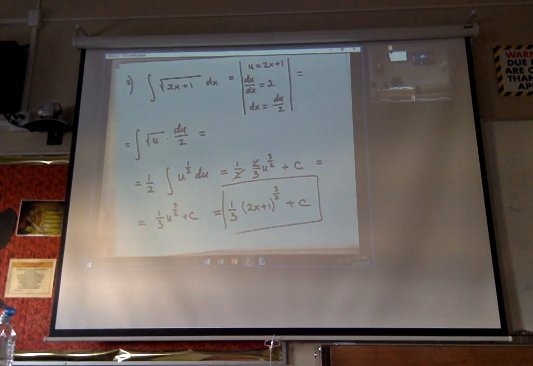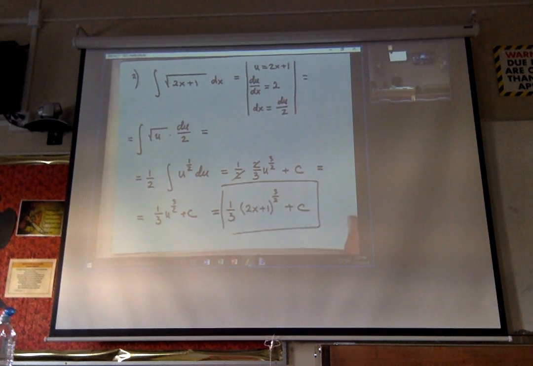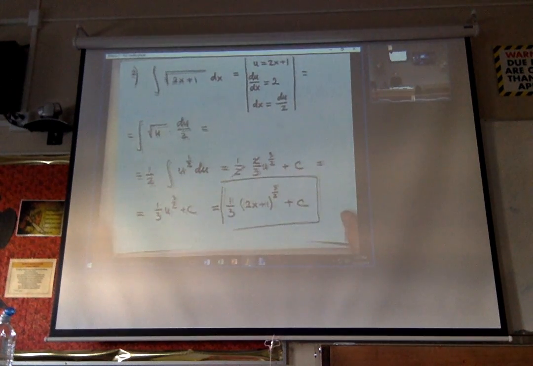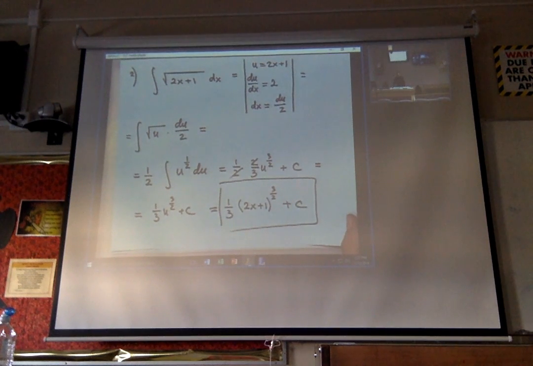Okay, let's do one more. And actually, the one more will be exactly the same problem, except I'm going to use a different substitution. Sometimes we can have different substitutions. I will say this before I go to the next substitution: the one we had for number 2 is the most natural one, and most students will choose it.